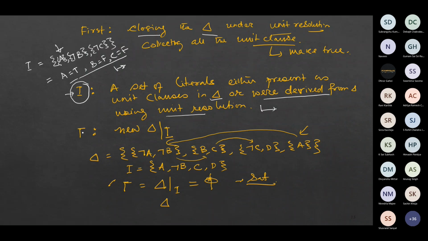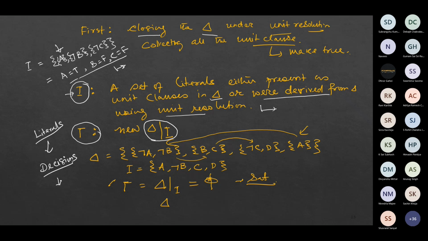And what is remaining? The remaining is the residual set. We are conditioning this knowledge base using this set of unit clauses, right? And what will this contain? This will contain the literals for which we have to take decisions, which is a smaller subset of all the variables or literals that are there in your knowledge base, right?